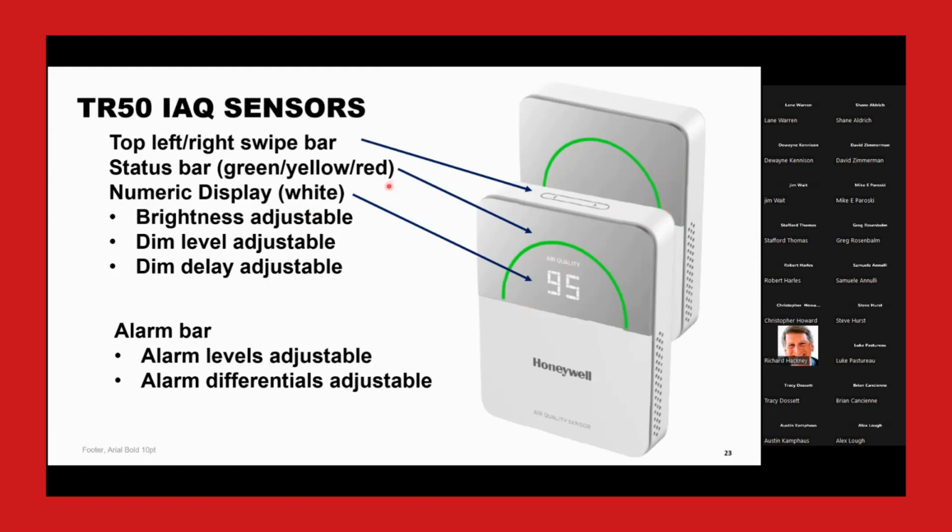By default, they'll probably work exactly the way you want them to. But if you have a customer that says, I don't want this to change color, you can turn it white. If you have a customer that says, I want my CO2 alarm, but I only want alarm over 1500 ppm, then you can go in there and configure the alarm limits and delays.